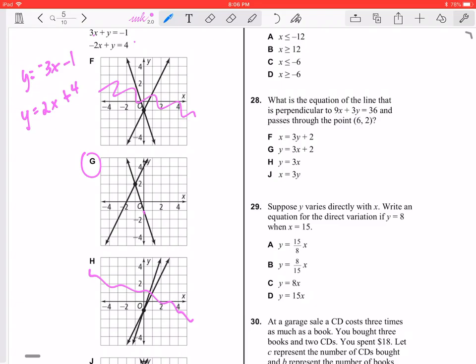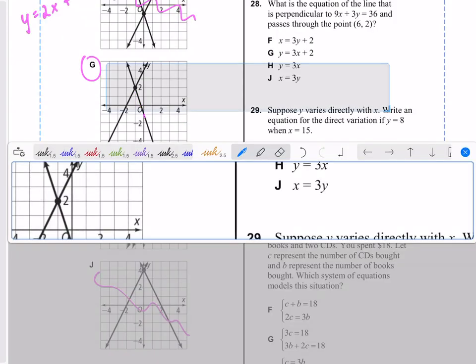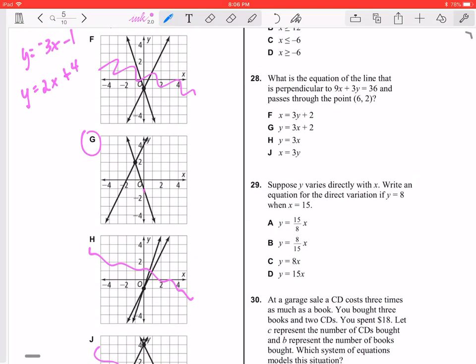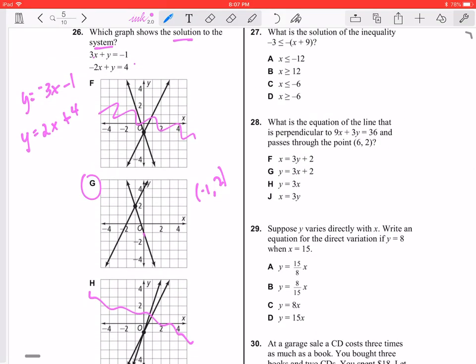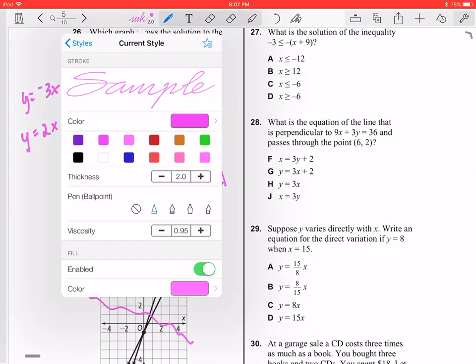But let's double check. It says that the solution here is the coordinate point. That means for both linear equations, the solution point is at negative 1, 2. So that means it's going to be true for both equations.